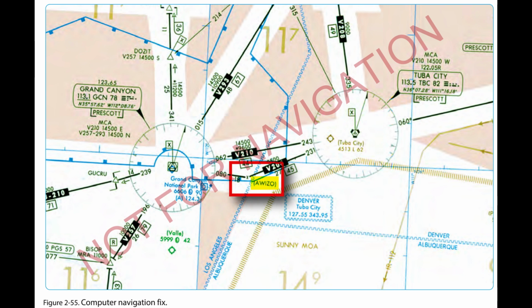Required navigation performance, RNP, is RNAV with onboard navigation monitoring and alerting. RNP is also a statement of navigation performance necessary for operation within a defined airspace. A critical component of RNP is the ability of the aircraft navigation system to monitor its achieved navigation performance and to identify for the pilot whether the operational requirement is or is not being met during an operation.